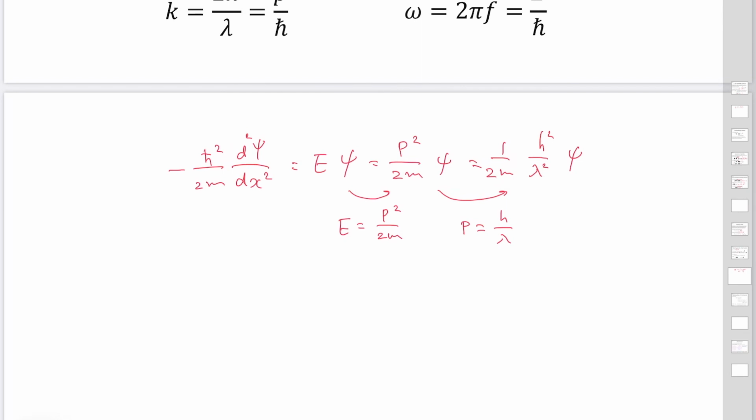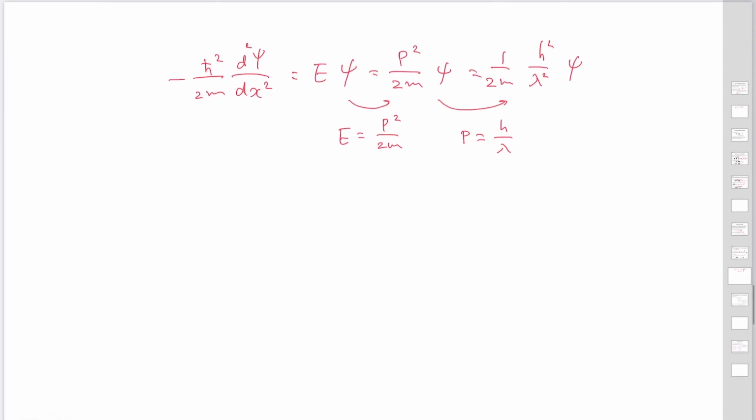Okay, so finally, from this equation you can find the second derivative. The 2m is going to be cancelled out. So we get minus 2 pi over lambda squared psi, so this is minus k squared psi. Here k is the wave number, 2 pi over lambda.